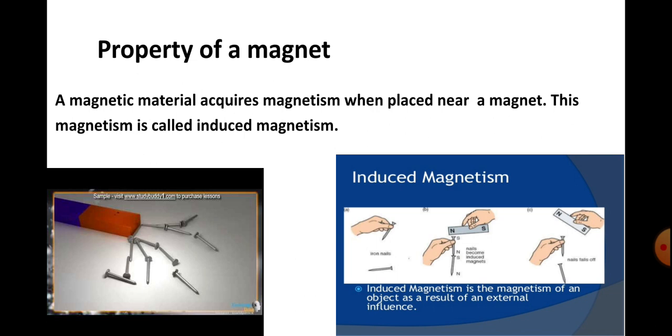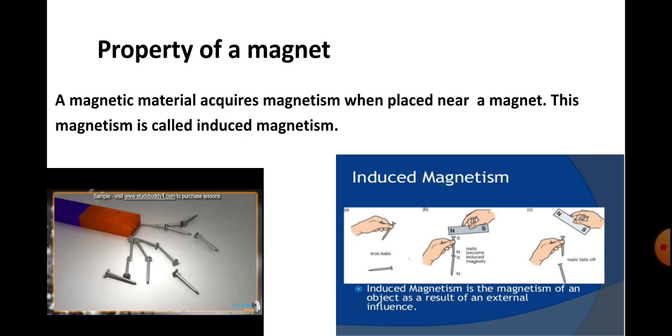If we take iron filings in a dish and place a bar magnet into that dish, we can observe that the iron filings are attracted toward the two poles, the ends of the magnet, and not the center. So, the second property: the magnetic force is concentrated at the two ends, or poles, of a magnet.